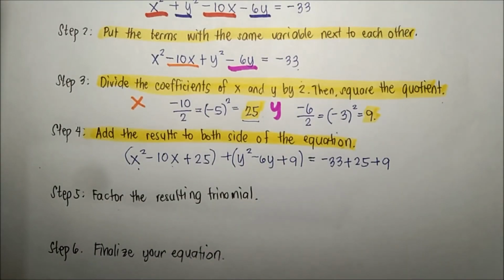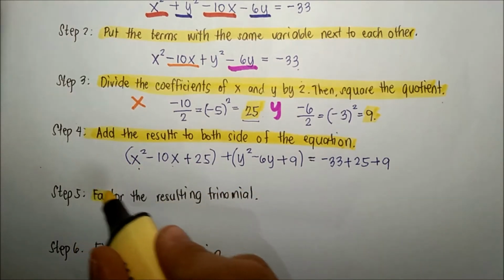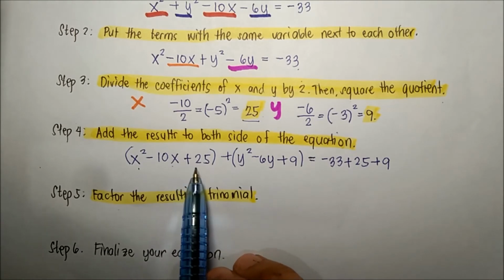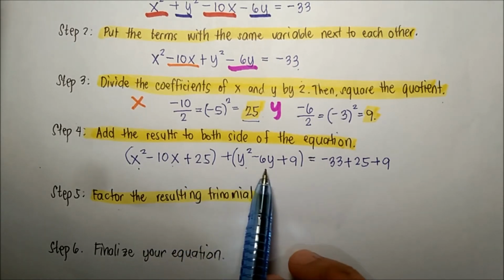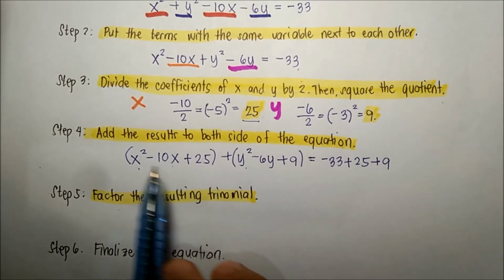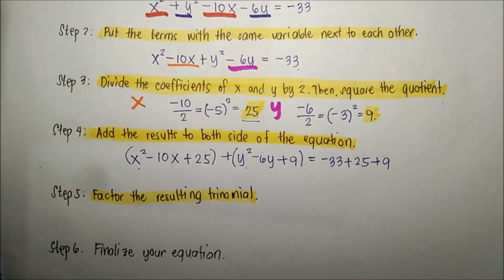Next is we will factor the resulting trinomials. We have two trinomials here. So we will factor x squared minus 10x plus 25 and y squared minus 6y plus 9. Let's do this first. What is the factor of x squared minus 10x plus 25?